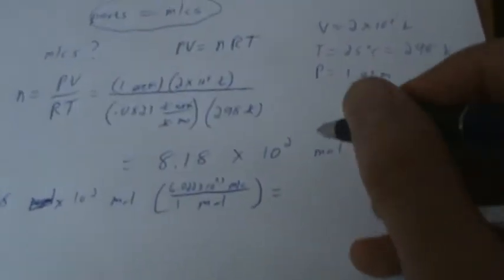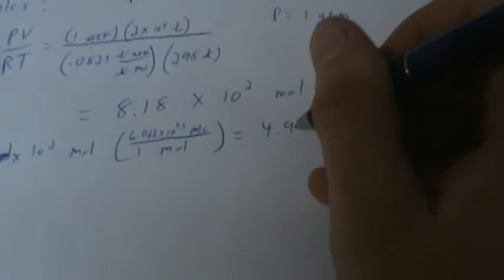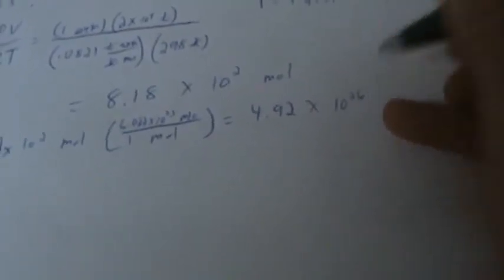Put 1 mole on the bottom. 6.022 times 10 to the 23rd molecules on top. And that equals 4.92 times 10 to the 26 molecules. That's how many molecules of gas are present there.